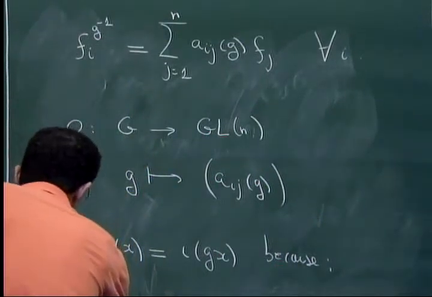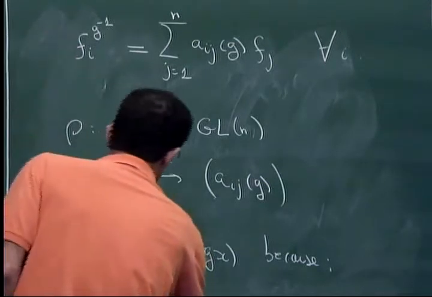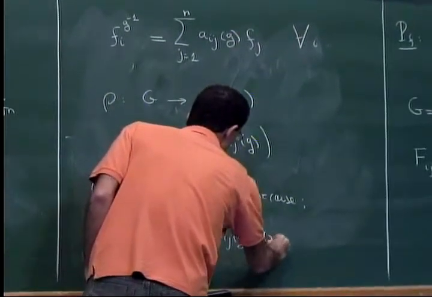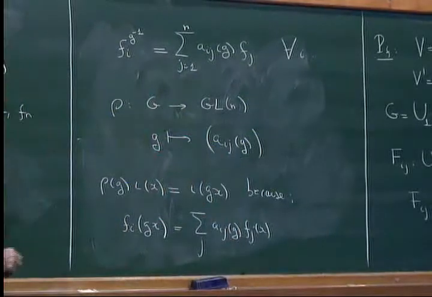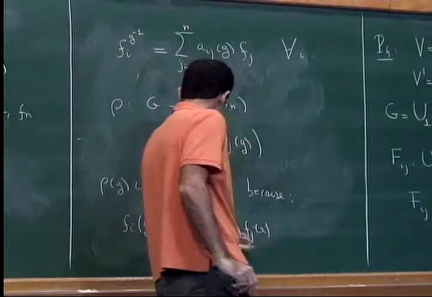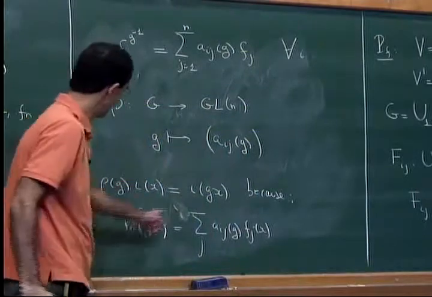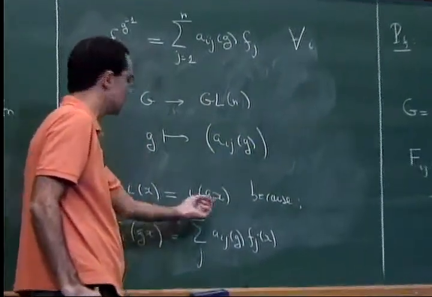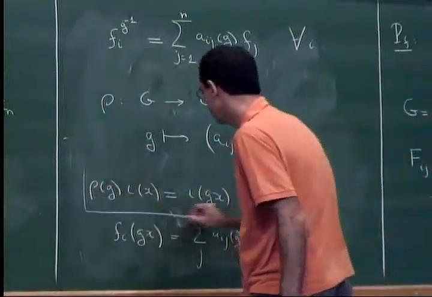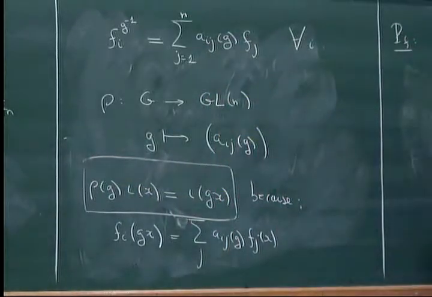Because when we evaluate at x, what we get is F_i(gx) here, and on the other side, the multiplication. So if iota(x) is evaluating by the F_i's, then apply rho(g), that's what I have here, in a sense. And over here, I'm applying the F_i on gx. Okay?